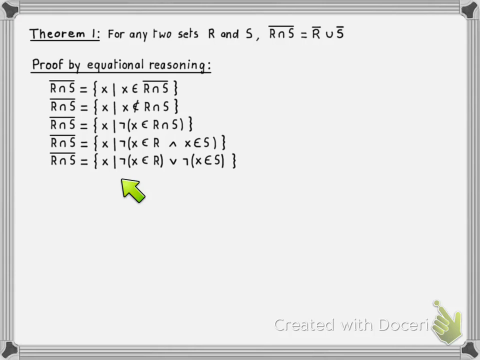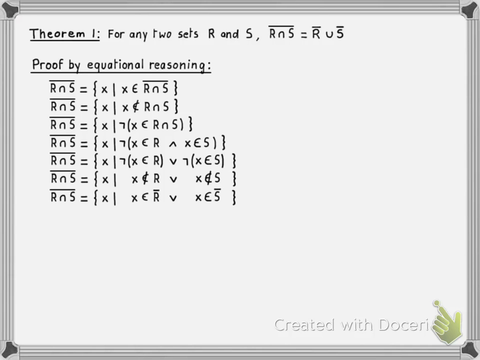So, if it's not the case that X belongs to R, it must be the case that X does not belong to R, and similarly for the second disjunct here. Now, if X does not belong to R, by definition of the complement, it means that X must belong to the complement of R, and similarly for the second disjunct here.